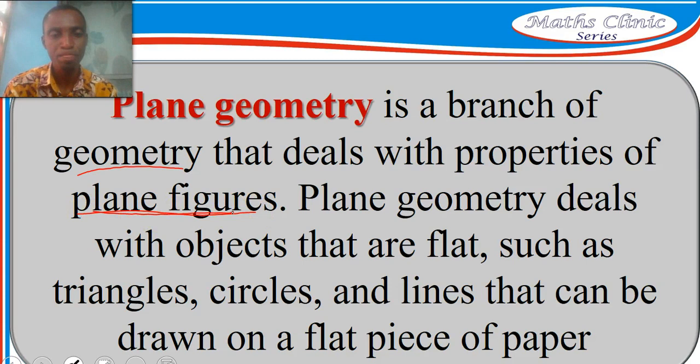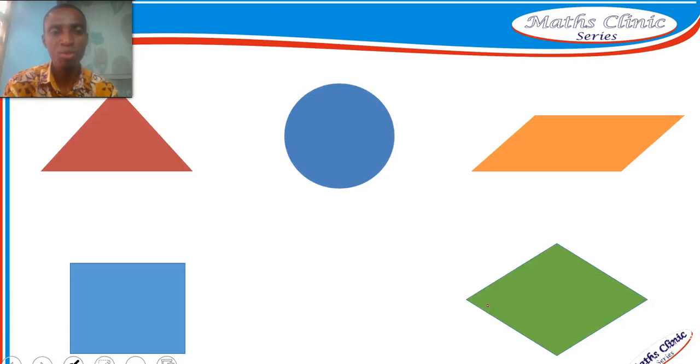Plane geometry deals with objects that are flat, such as triangles, circles, and lines that can be drawn on a flat piece of paper. All these are examples of plane figures we are going to consider in the whole course called plane geometry. For circles, we might consider them under plane geometry too, to look at some theorems.